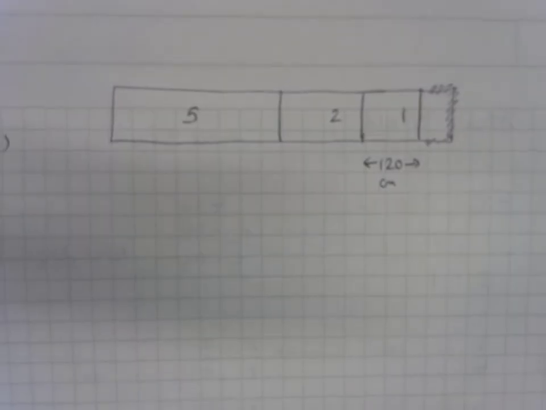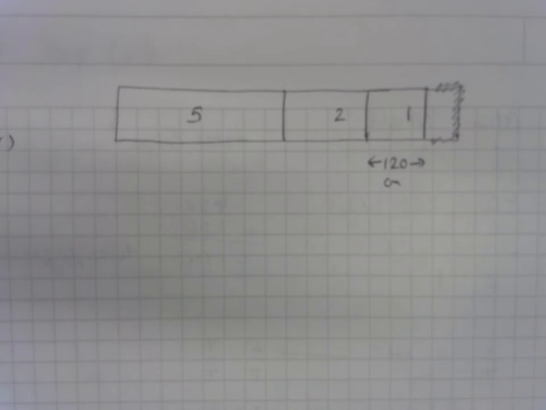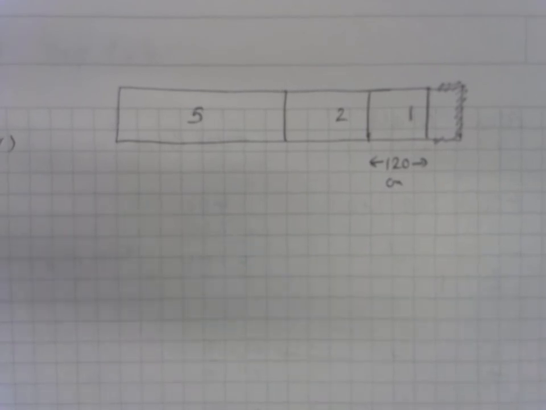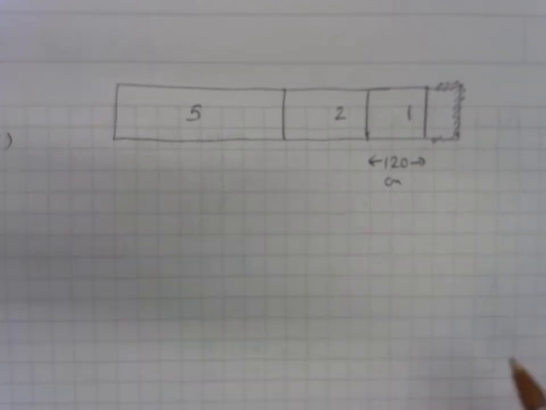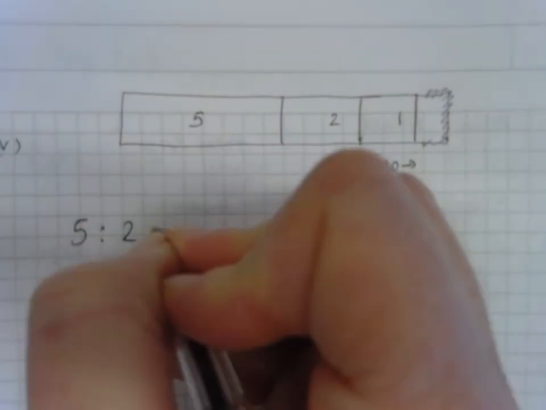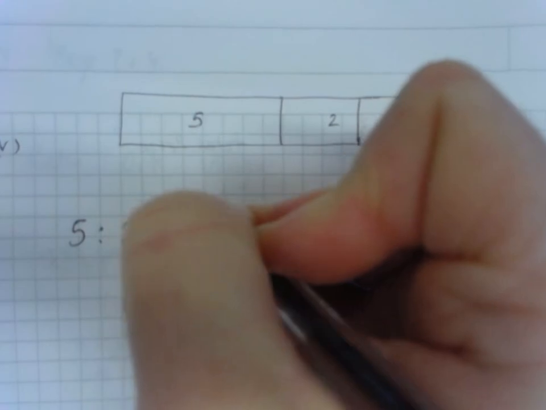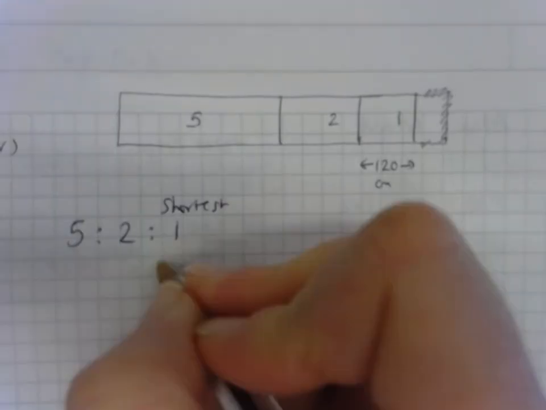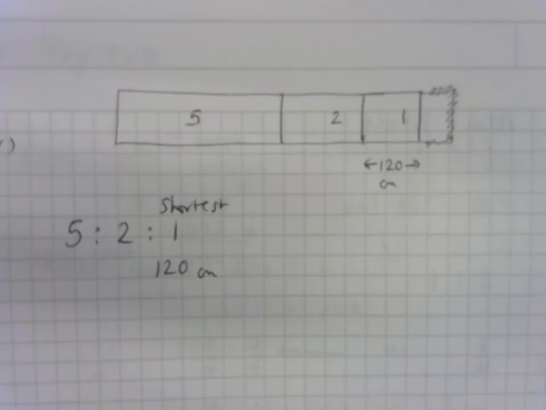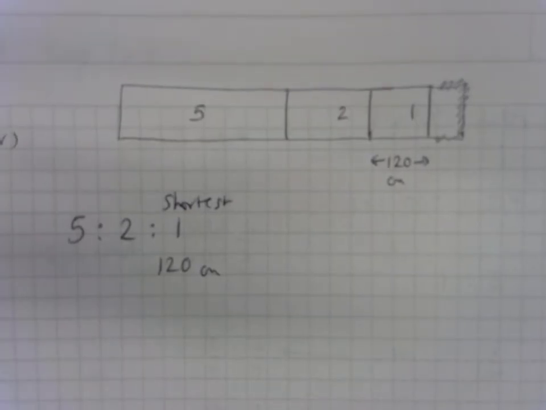So again, once we've unpacked what it's asking us and written down our ratio, 5:2:1, and we know that the shortest is 120, once we do that, it suddenly becomes really easy. Okay, so it's really just working out how to translate those 2 things.